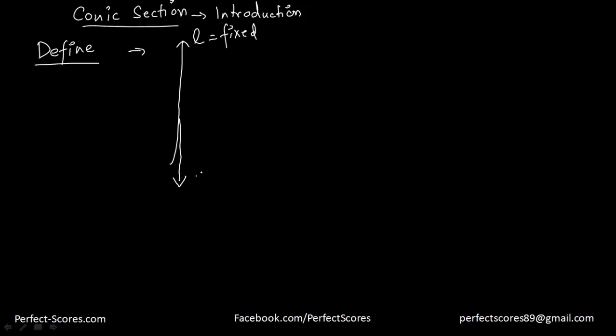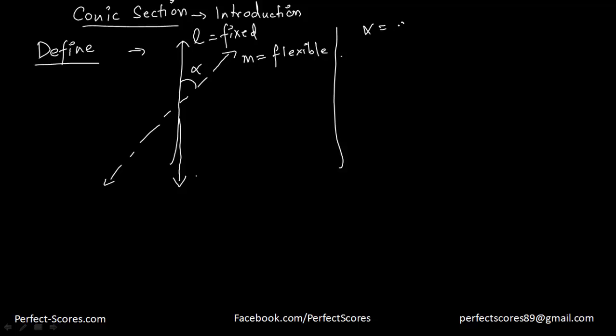Then we have another line which can rotate, and let's suppose this is line M, a flexible line. Let's suppose that the angle between both these lines is alpha, and I rotate it in such a way that alpha remains constant.